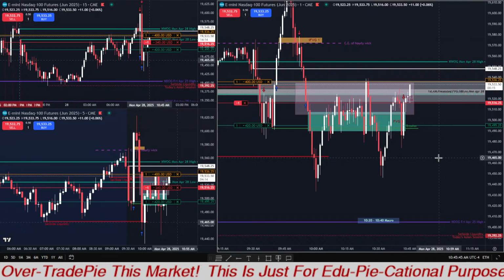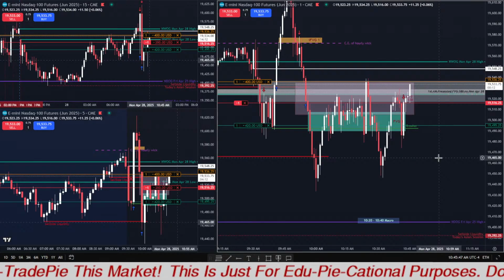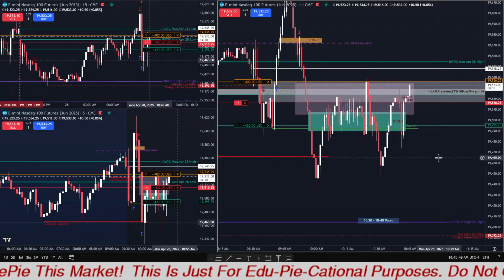So far we are not in a good position and we are seeing our stop is getting hit.